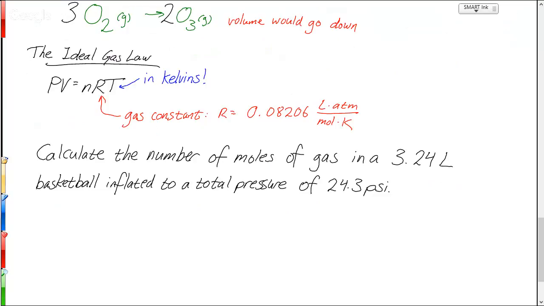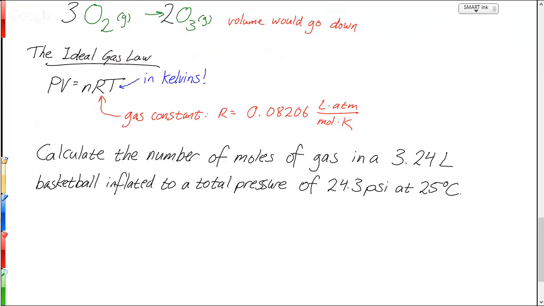So in this case, you're given P and V, and we have to be given temperature too. So let's say at a normal room temperature, 25 degrees C. So we're given pressure, volume, and temperature, and we have to solve for moles.